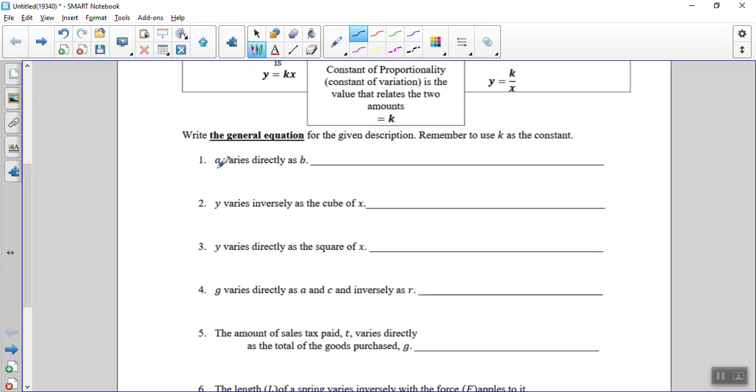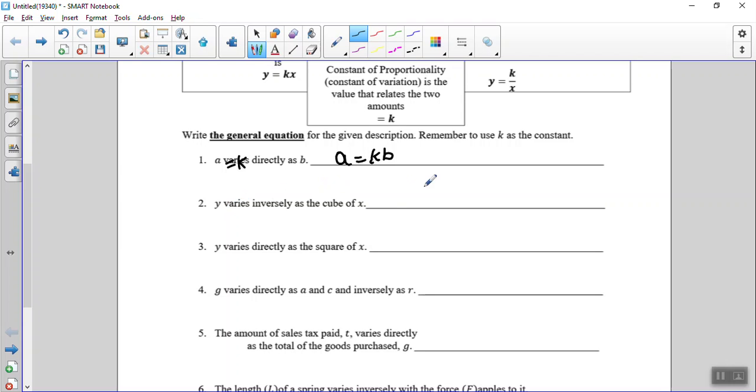The reason I put that here is because when you read this sentence, it says A varies directly as B. Nowhere in the sentence does it tell you to use K, but I like to look at the word varies, or sometimes we would say proportional, and think of this word as equals K. So if you look at this, it says A varies, so A equals K directly times B, and directly means it's being multiplied. So that's my general equation.